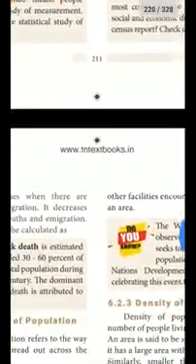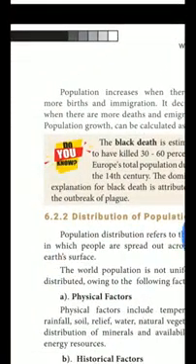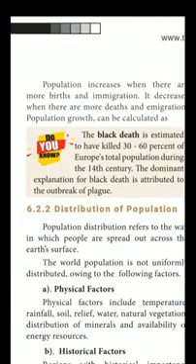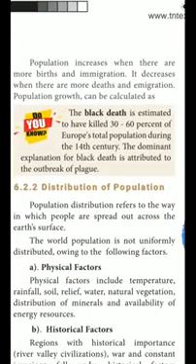Next one is, a population increases when there are more births. Actually, we know it is common, isn't it? If there is more birth, many children born, means what will happen? Population will increase. So, when the population will increase? Where there are more births and immigration.